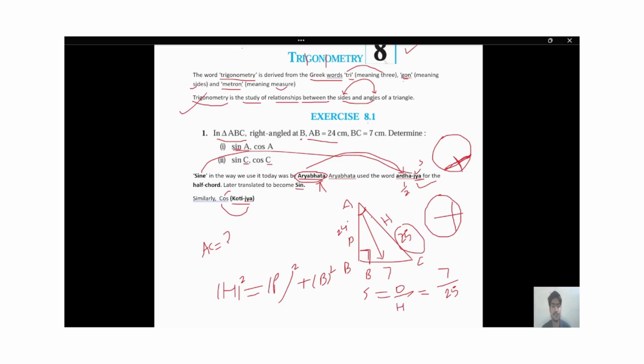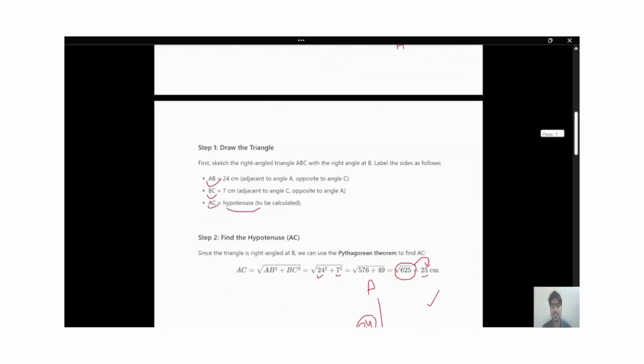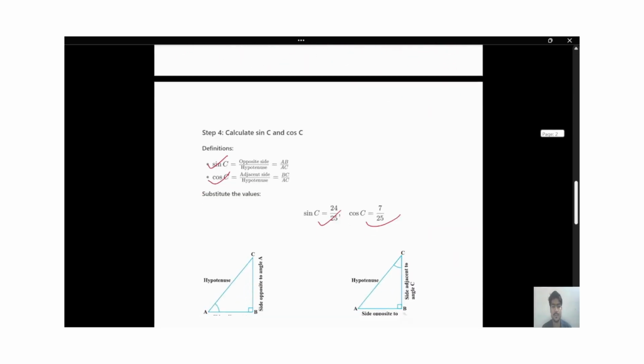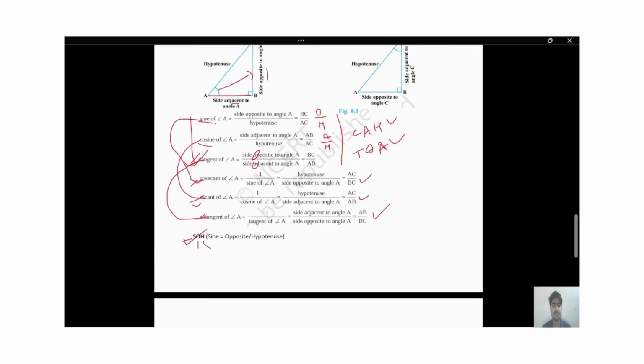We get 25. Now we calculated sine A. As I told you about the functions and their formulas, we calculated their values, and these are the basic ratios that we will be using in this chapter.